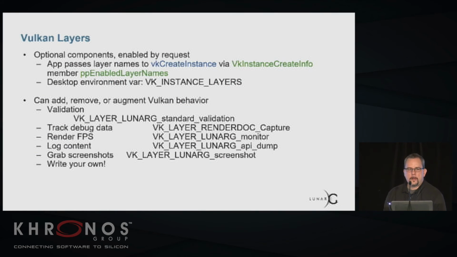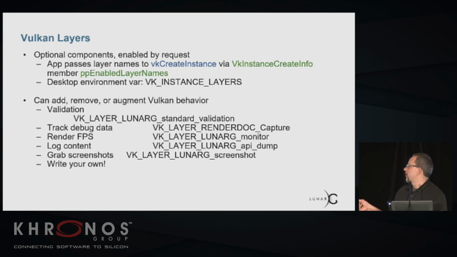So next we're going to talk about layers. Layers are actually a really interesting concept in Vulkan. On OpenGL, all your validation was there all the time. Not very useful sometimes because you could just get a GL get error, but you had to do it after every single call in order to track it down properly in most cases. What Vulkan has done is they've introduced this concept of having optional libraries which you can load at runtime.